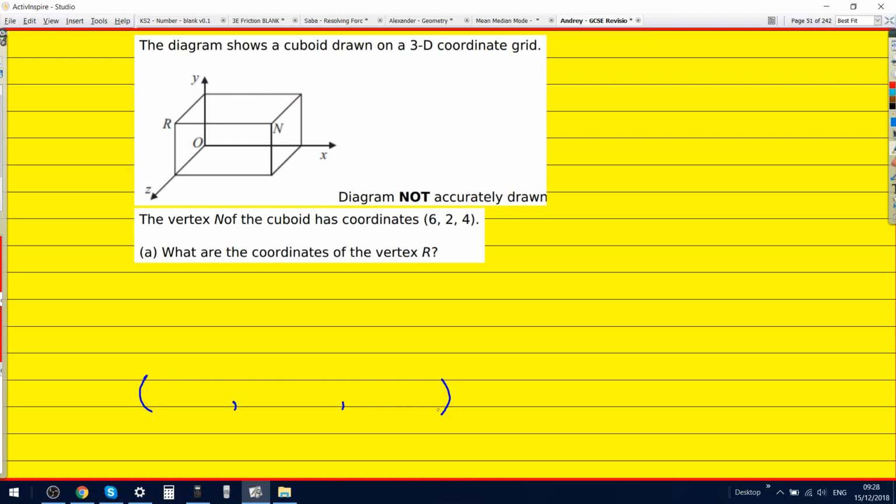So maybe let's label the lengths. Okay. So let's say along the X, how long is the cuboid? How long is the Q? 6. What's the height? 2. And depth? 4. Yeah.